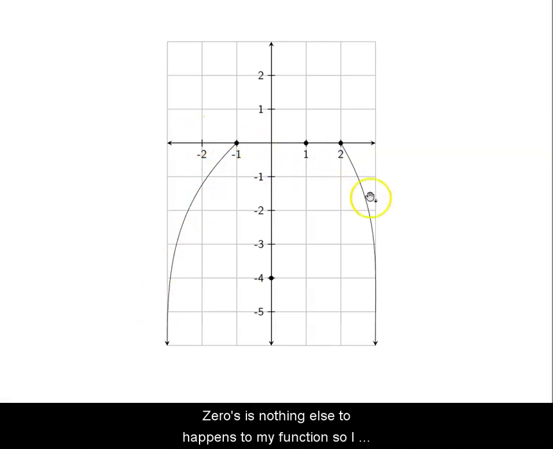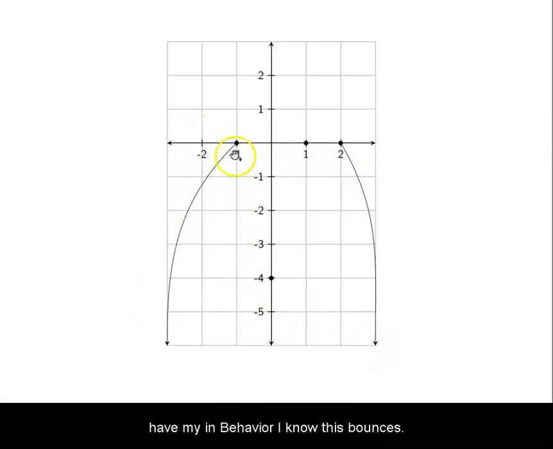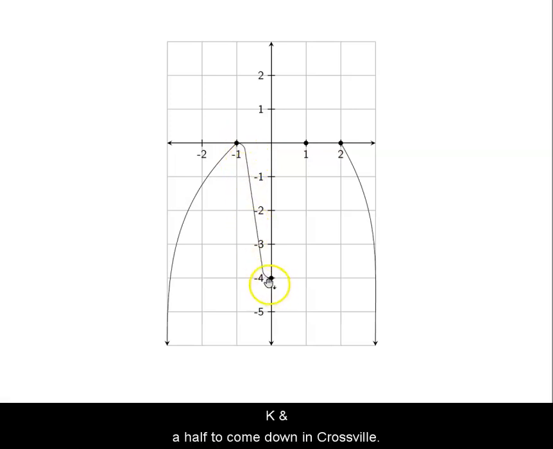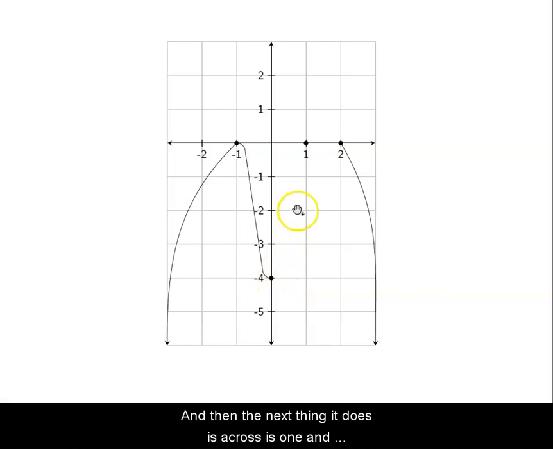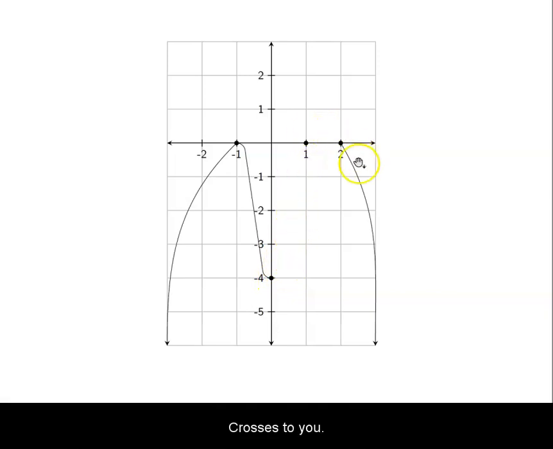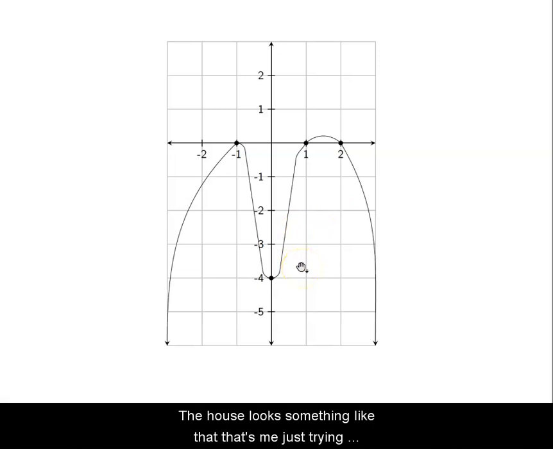So I have my end behavior. I know this bounces, and it has to come down and cross -4. And then the next thing it does is it crosses 1 and crosses 2 again. So it has to look something like that. So that's me just trying to put everything together. This is my rough graph.